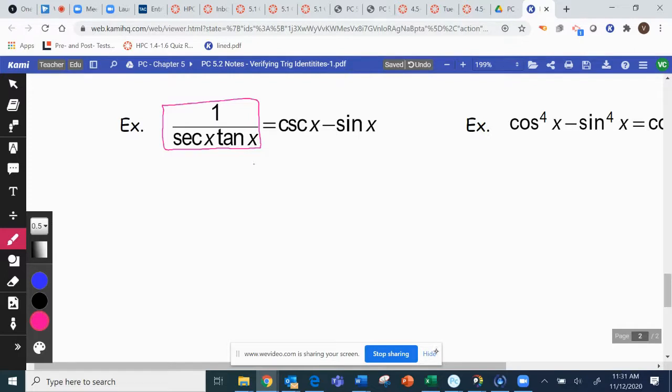All right, so if we're working with the right side, we need to subtract those. What should I do? Sarah Penny, tell me something I could do. Anything at all. Well, right now I don't have any denominators. Should I get a denominator?